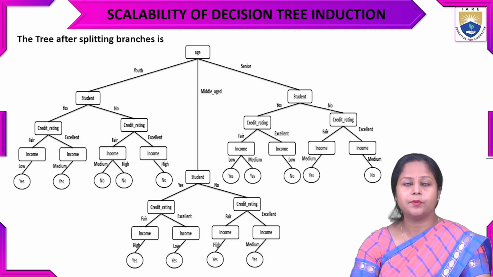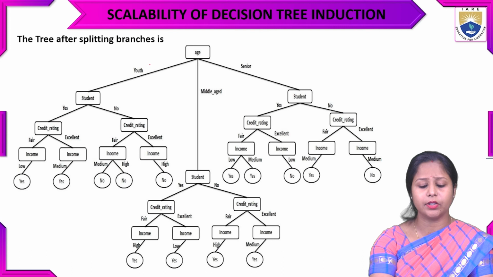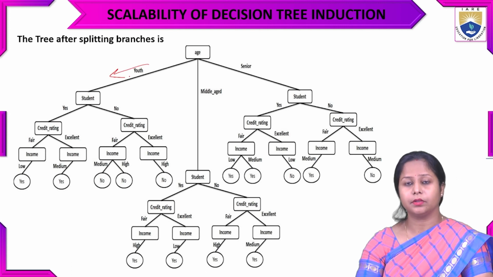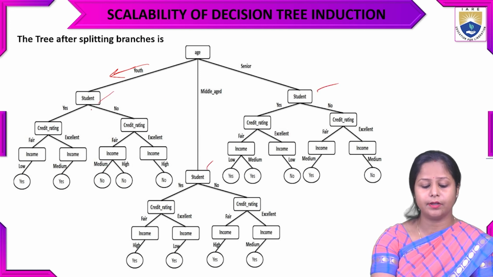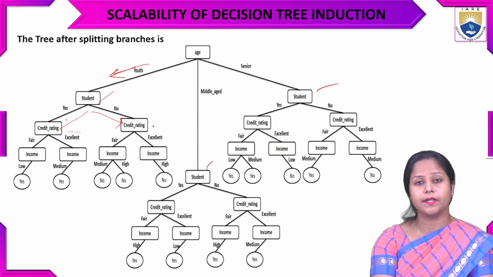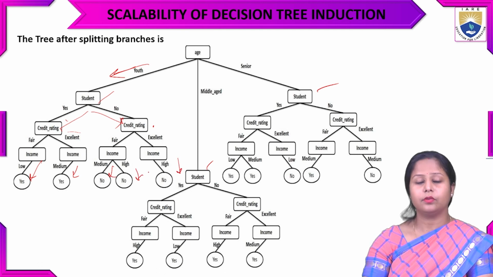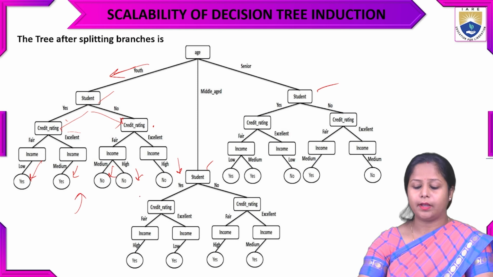So the tree after splitting branches is, if we have worked on the youth branch, then after that we have got the student, and for each of the branches we are having another node, credit rating, with yes and no as the last nodes. That results in the last node. So the decision tree works from bottom to up.